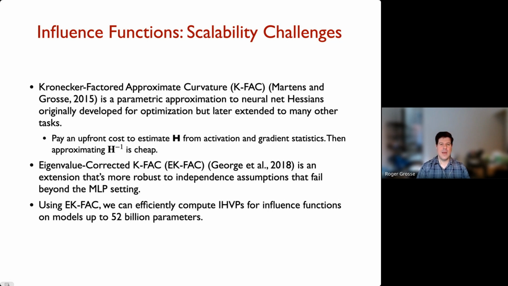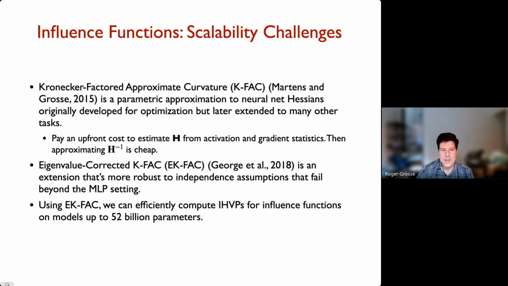So essentially, you pay a big upfront cost to estimate the Hessian from statistics of activations and gradients over many training examples, and then you wind up with an approximation such that inversion is very cheap. When we're computing influence functions, we're interested in computing inverse-Hessian-vector products for many different queries using a single H. So it's actually more favorable for KFAC than the optimization setting because H doesn't change. We can fit it once and then compute many different inverse-Hessian-vector products.